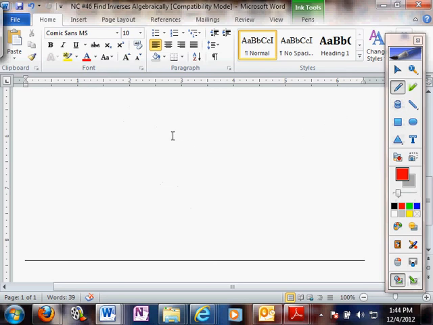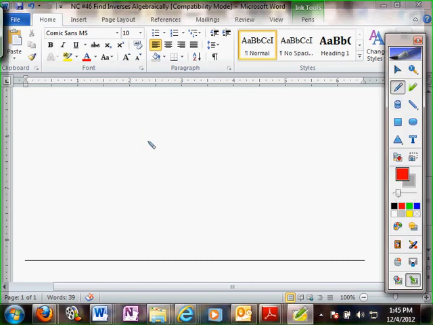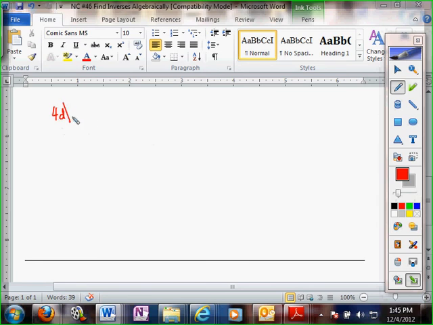Okay, and I'm going to do one more example, and this is also from your homework assignment. This is going to be 4D. f of x is equal to 1 over x plus 2. So, change f of x to y. y equals 1 over x plus 2.